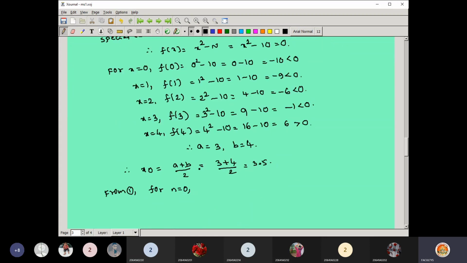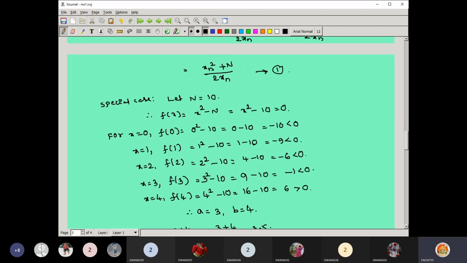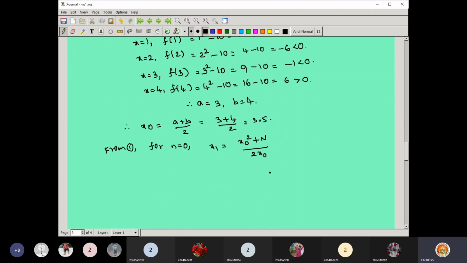So you are getting x1 equal to, look at the formula, xn square, n equal to 0 means x naught square, plus, as per the formula, capital N divided by 2xn, that means 2x naught. I am just substituting n equal to 0 in your formula.